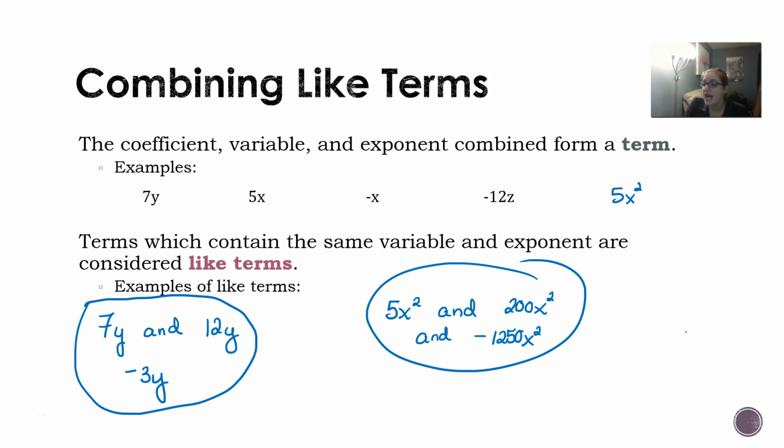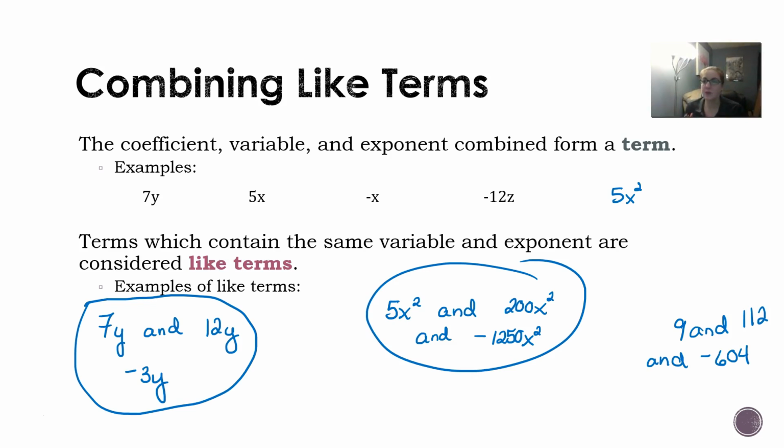So if you just have, let's say, 9 by itself. That's a constant. It's not attached to a variable. So that means it is a like term to any other number or any other constant. So 112, I don't care, and negative 604. I don't care. Pick a number, any number, and it's going to be a like term to 9.